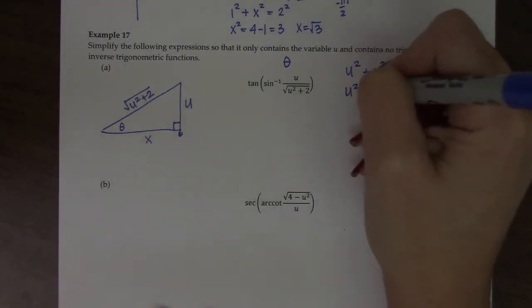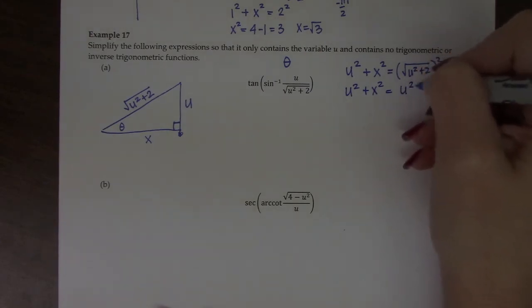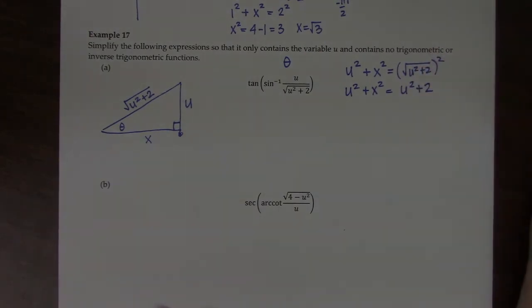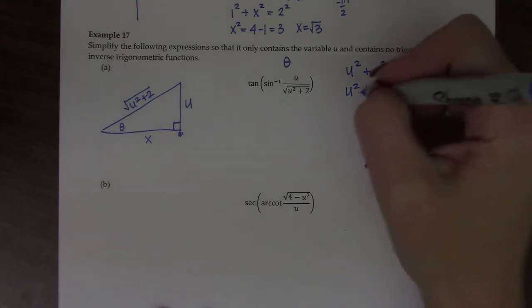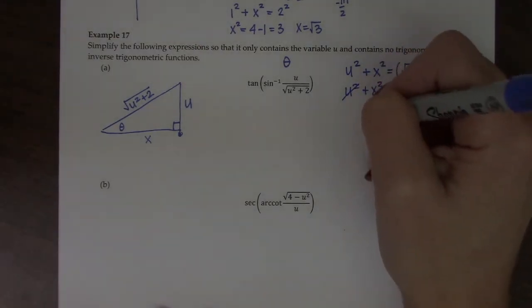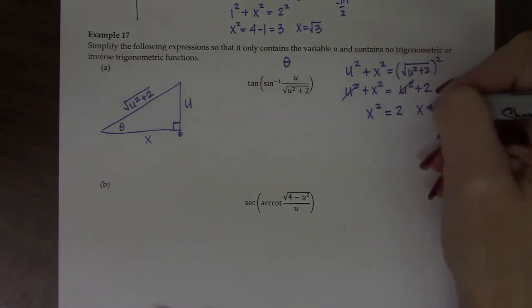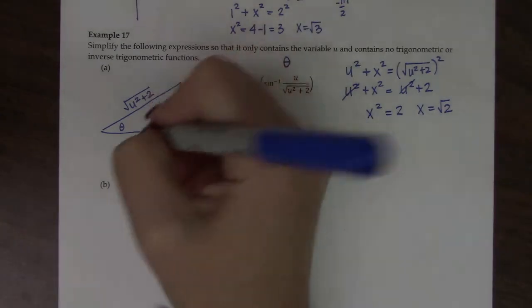When you square a radical, it goes away and you just get the expression inside. I can subtract u squared from both sides, and I get that x squared equals 2, so x is the square root of 2.